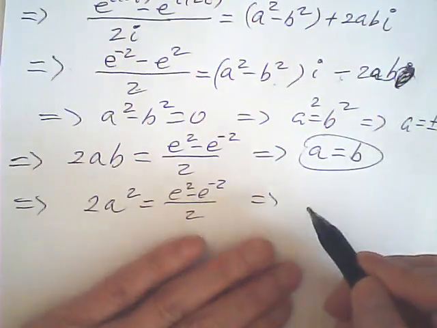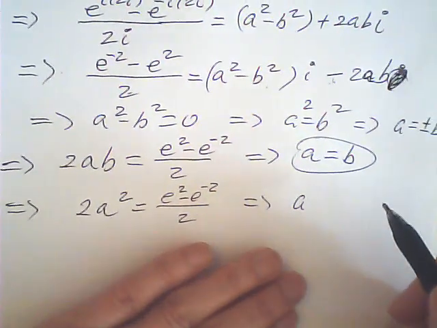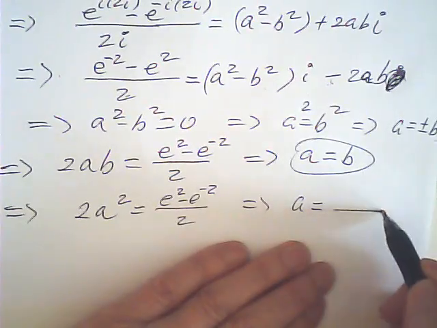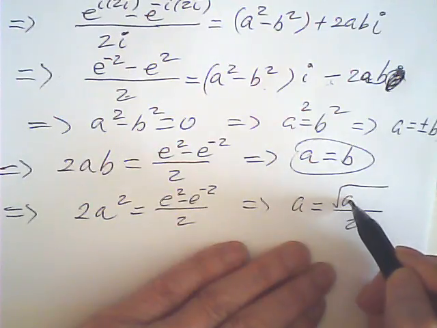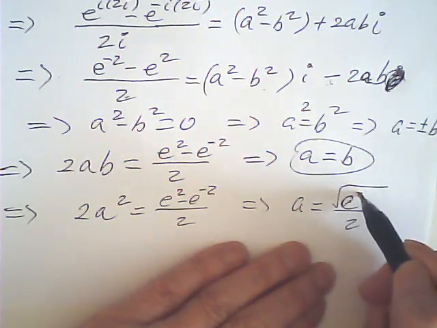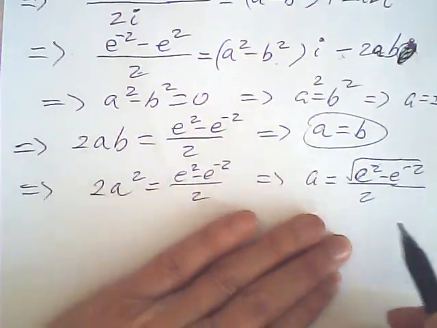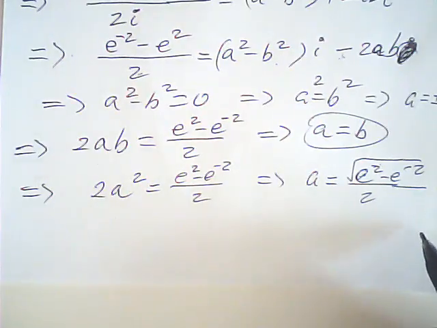So A is equal to what? A is equal to 2 on this, see? e minus e to the negative 2. So I find A, right?